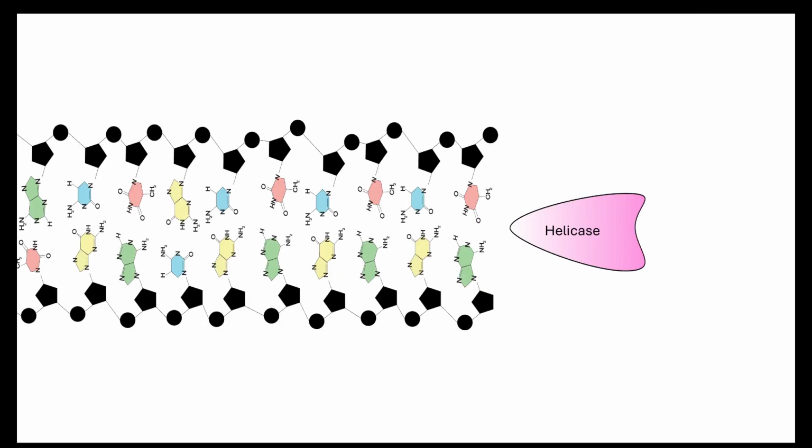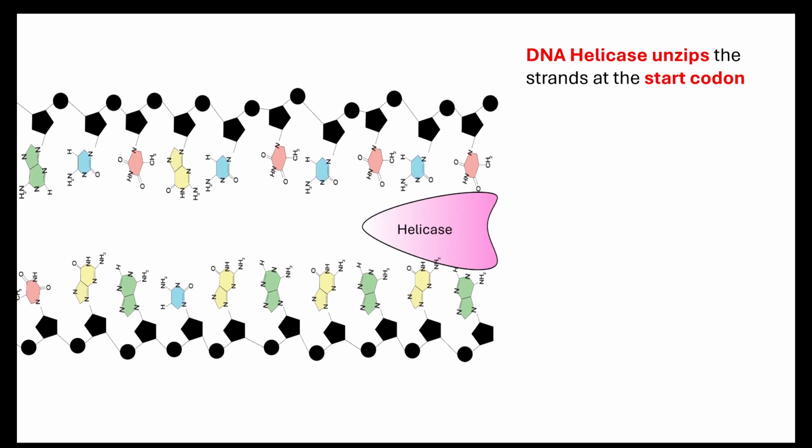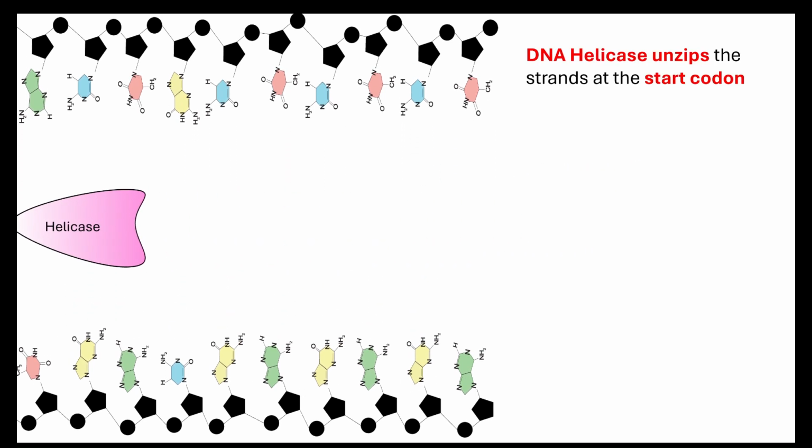To be able to do that, we need to take a step back and look at DNA helicase. We know that our DNA bases are forming hydrogen bonds between the nitrogenous bases. So we need to unzip and unwind that, and that happens with DNA helicase. The DNA helicase will unzip the strand at what's known as the start codon.